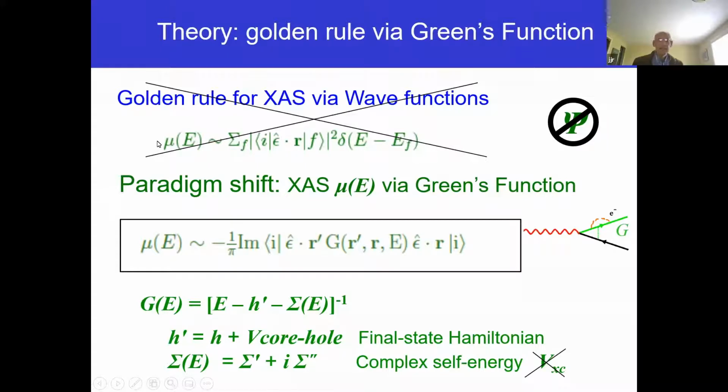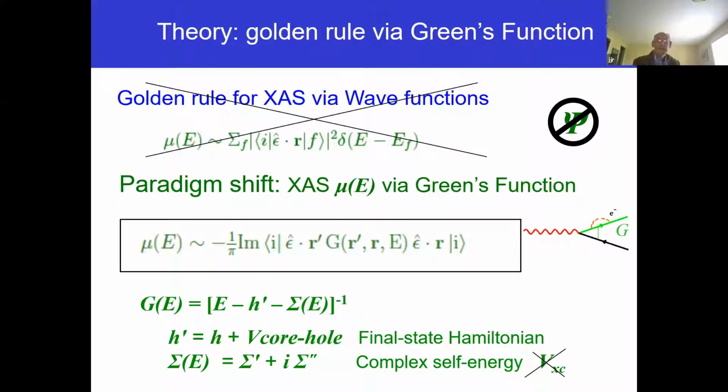And if you try to calculate X-ray absorption by this famous Fermi golden rule, you see that you have to sum over all the final states of the system, this aluminum, calculate all of those energies and then calculate all the dipole matrix elements and sum them all up, it's just computationally too demanding to be practical, at least with these broad energy ranges that we're talking about.